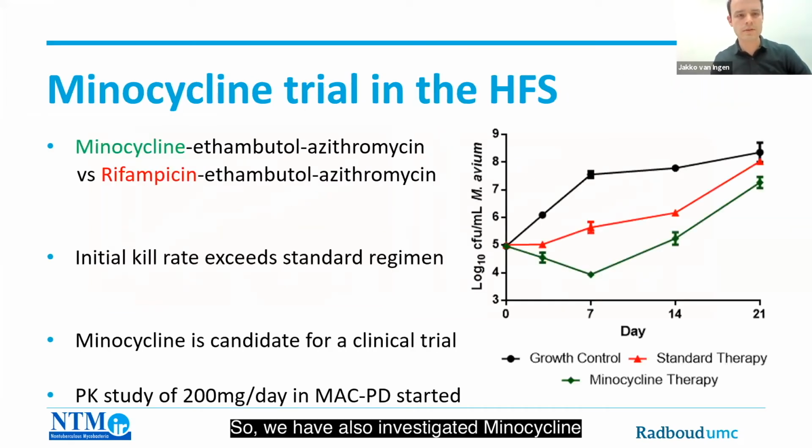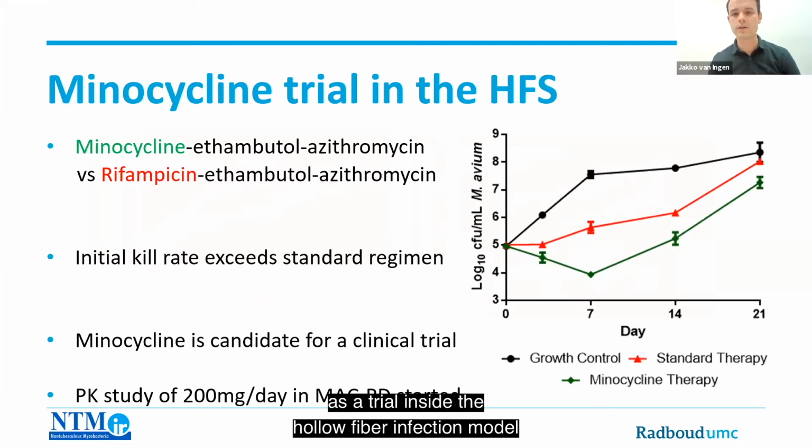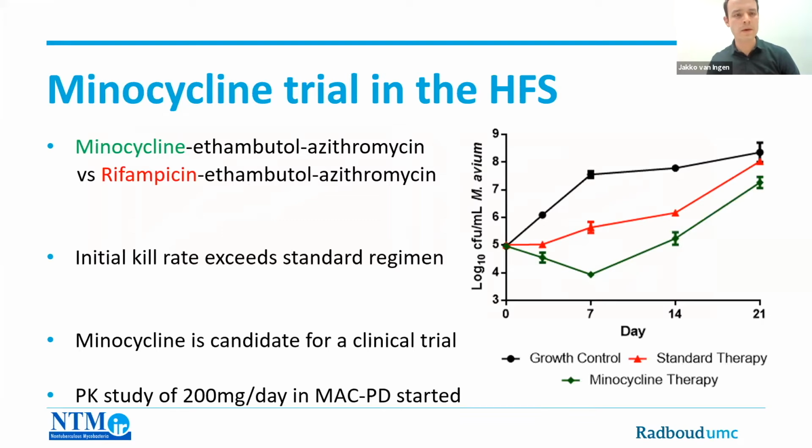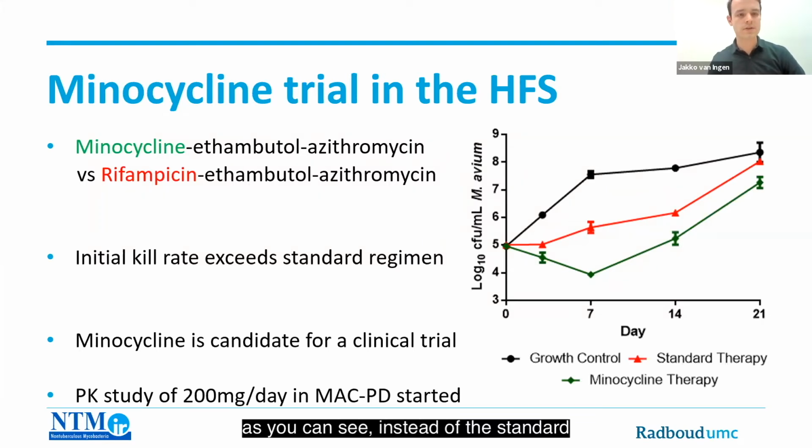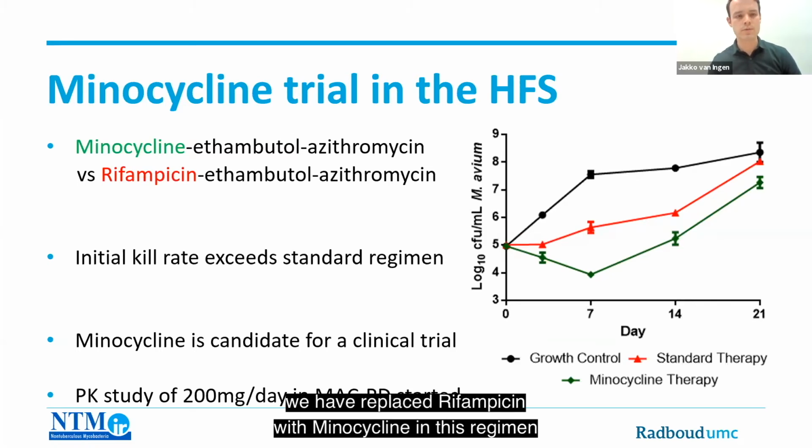So we have also investigated minocycline as a trial inside the hollow fiber infection model. And as you can see, instead of the standard rifampicin, ethambutol, and azithromycin regimen, we have replaced rifampicin with minocycline in this regimen.